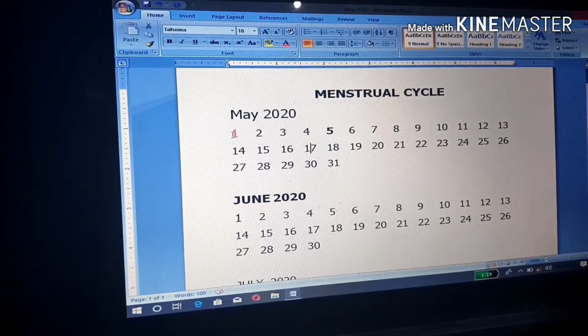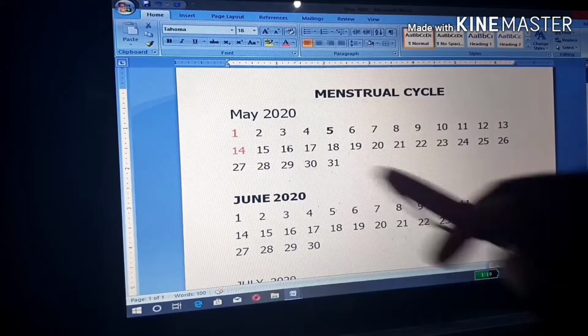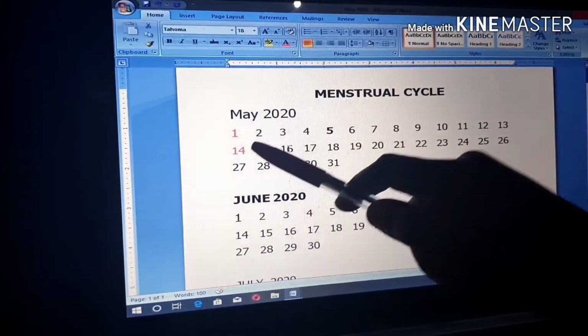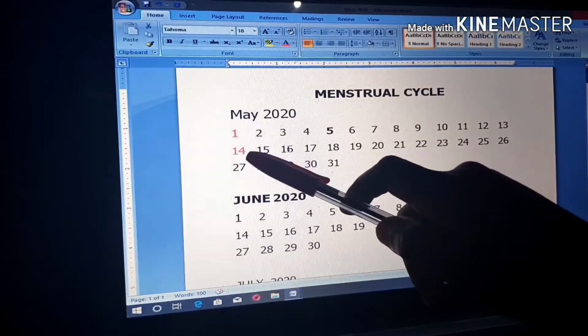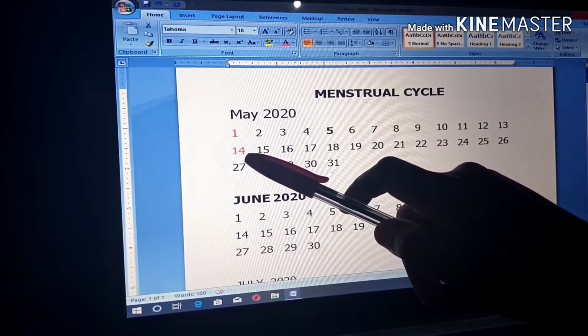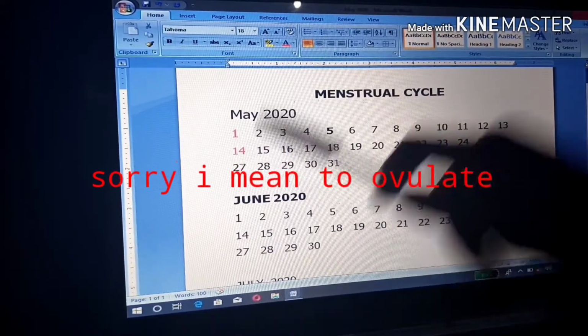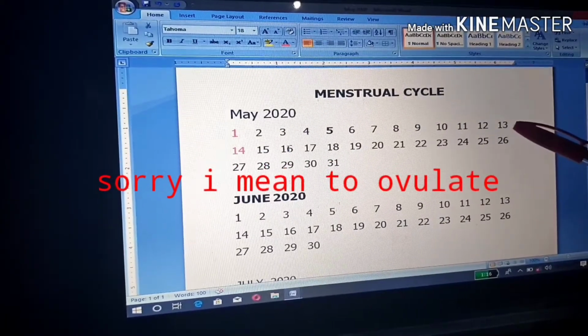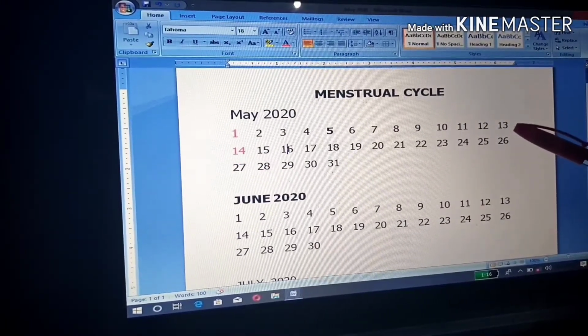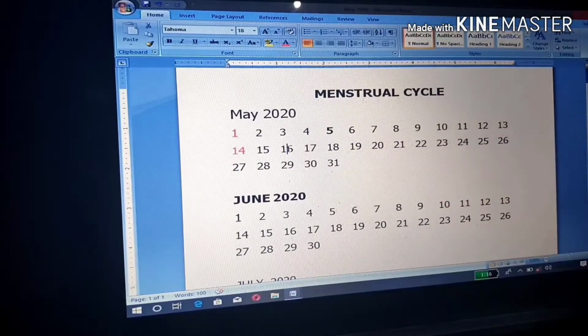So if you are counting 14 days from the first day, that means this is our 14th day, which is the 14th of May. So you'll be ovulating on the 14th of May. But remember, all those things are under hormonal control, so changes are bound to happen. So it is possible for you to ovulate a day before, which is on the 13th of May, or a day after, which is on the 15th of May.